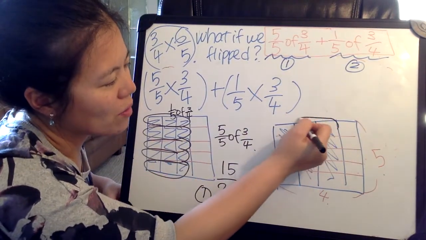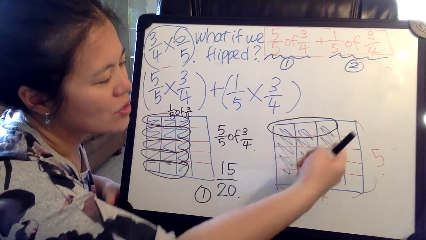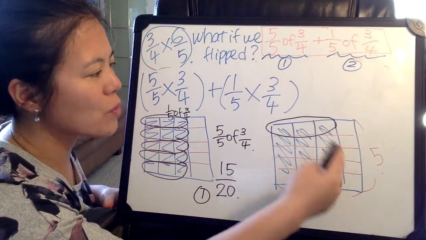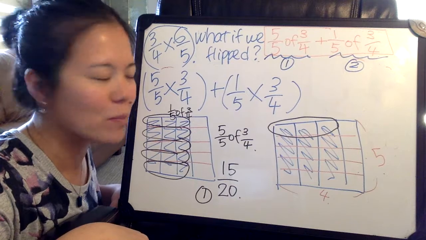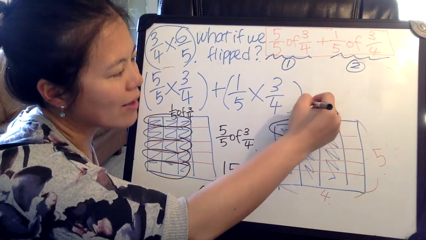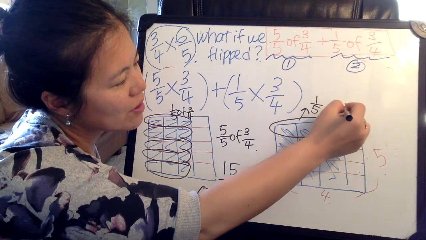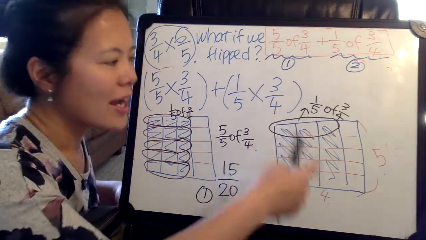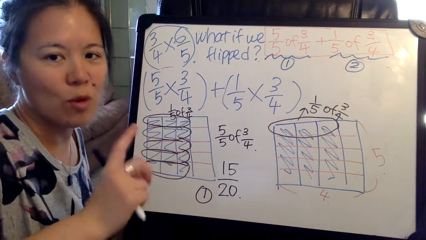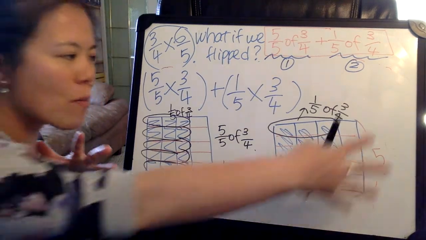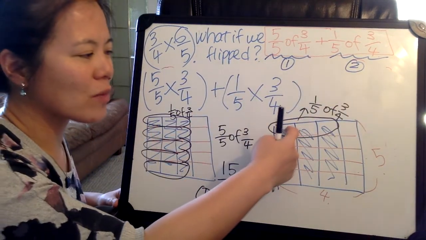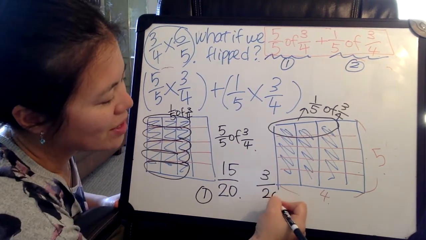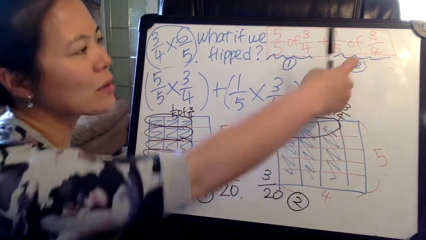I'm only circling this a little bit because I have 1, 2, 3, 4, 5 equal parts within the 3/4, but I only need 1/5 of 3/4. I divided 3/4 into 5 equal parts, and I only need 1 slice of that. So I colored in 1, 2, 3, and my unit fraction is 20 still. So now this is the answer to my second bit.